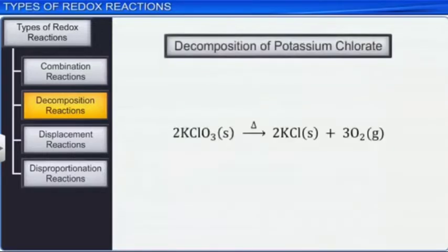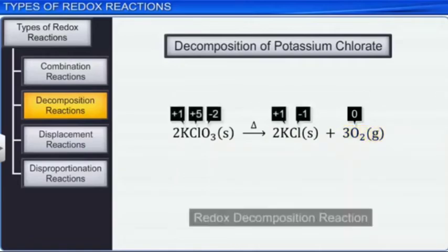In this example, potassium chlorate decomposes to form potassium chloride and oxygen. One of the 2 products, oxygen, is present in elemental state. Hence, this reaction is a redox decomposition reaction.